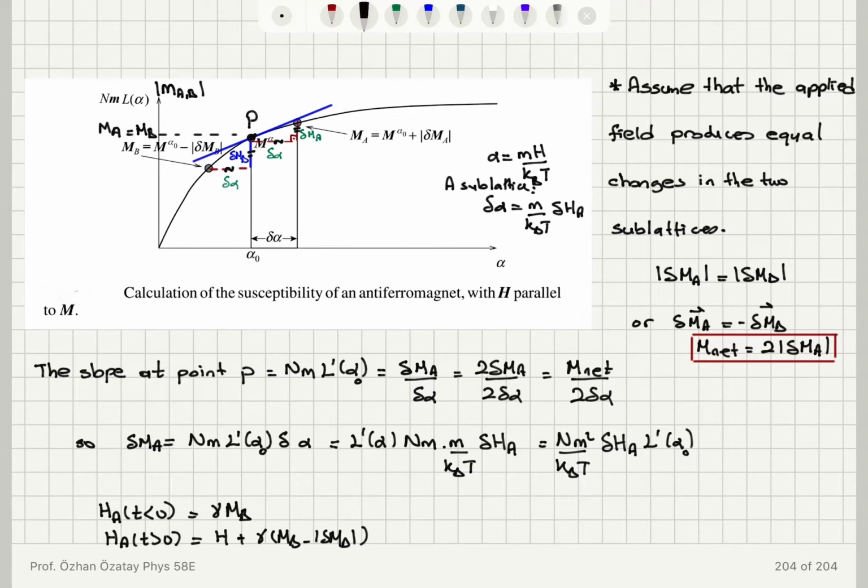For the change in the field acting on the A sublattice, I will have the field for t greater than 0 minus the field for t less than 0.